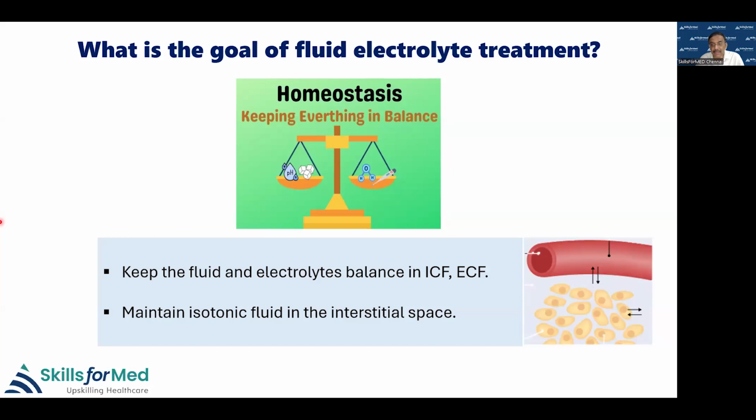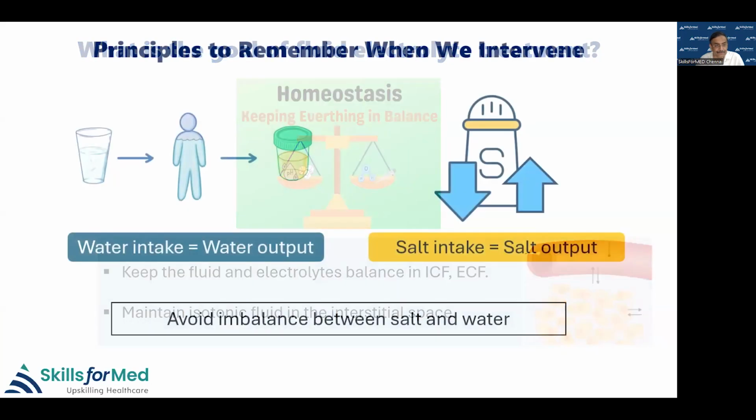So we can do that only by altering the intravascular space, because we have access only to the vessels, right? Orally or through the IV, we can put water into the blood vessels. But our treatment should be such that it doesn't affect the isotonicity of the interstitial fluids. That is the important concept.